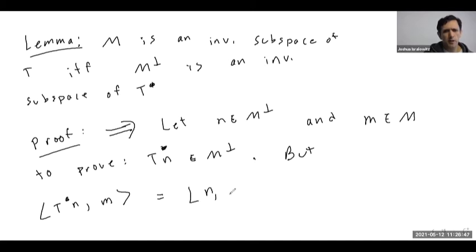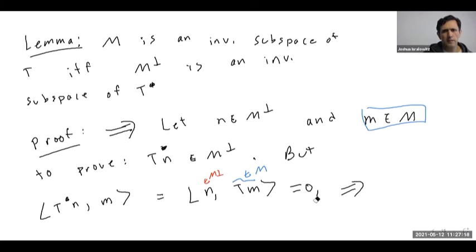Well, just bring the T over. M is an invariant subspace of T, so by definition, because little m is in M, T of little m is also in M. Well, we're assuming n is in M perp, so obviously this means it's 0.